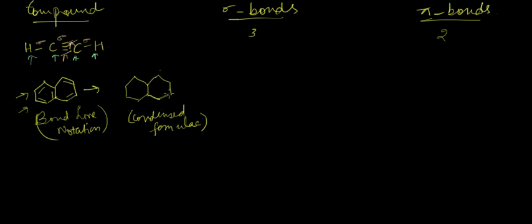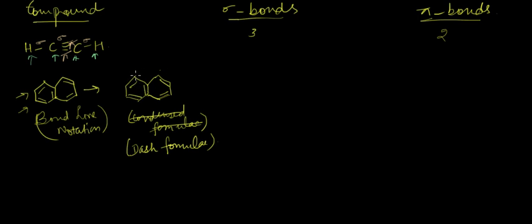Better let us write it in dash formula only. Okay, so we have 2 bonds here and 3 bonds here.